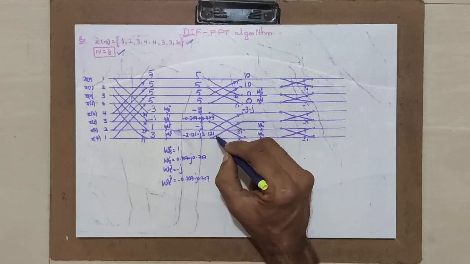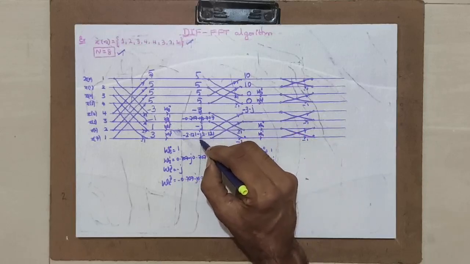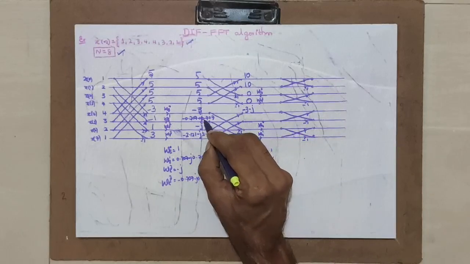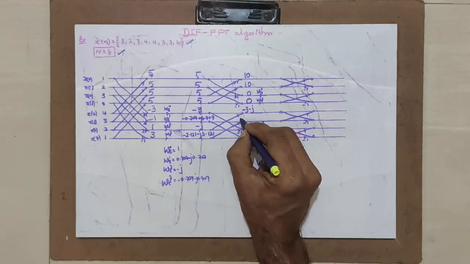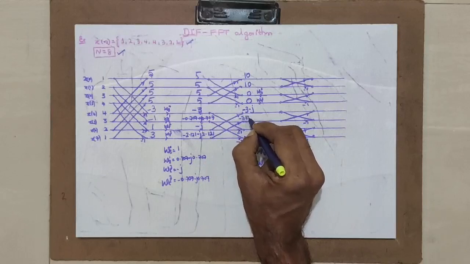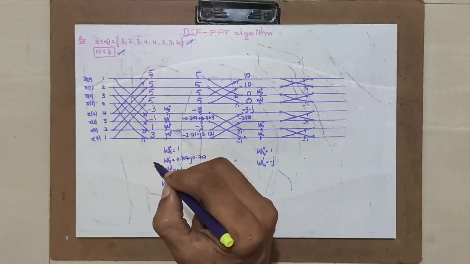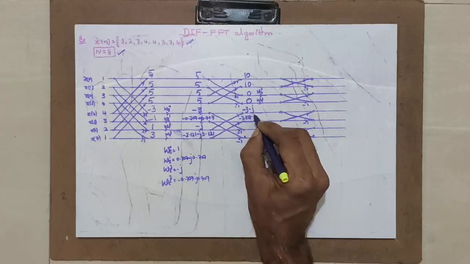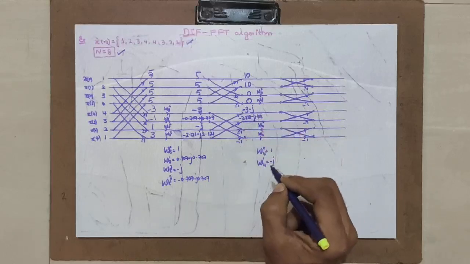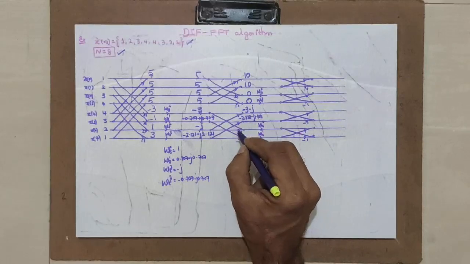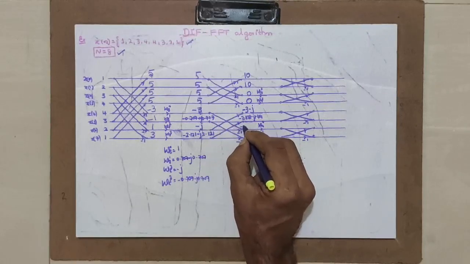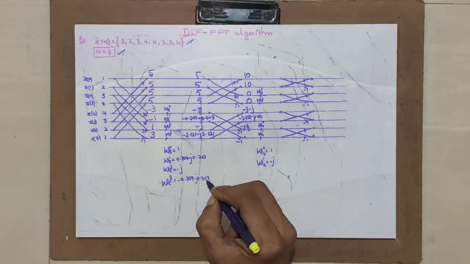Next, minus 2.121 minus j 2.121 added with this, giving you minus 2.828 and minus j 1.414. Now next here, minus 3 minus j, minus 3 plus j.